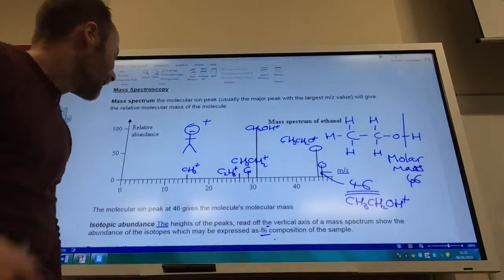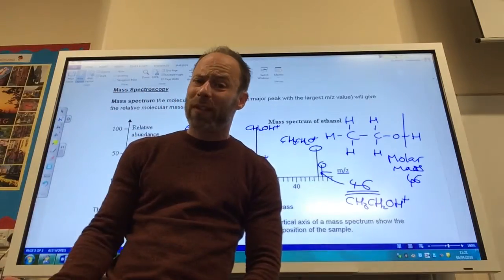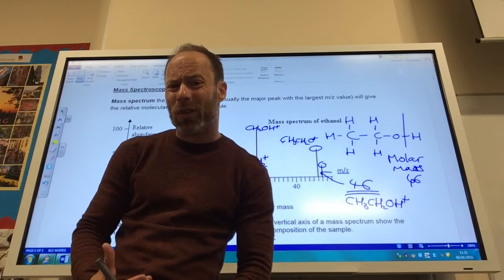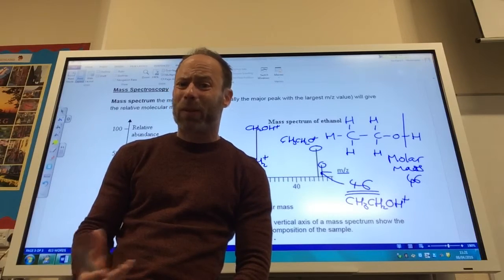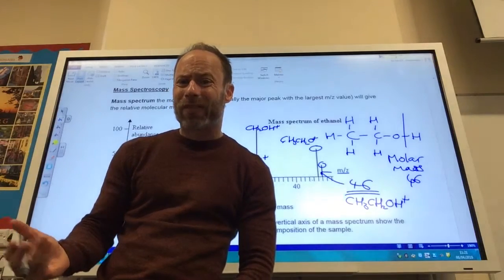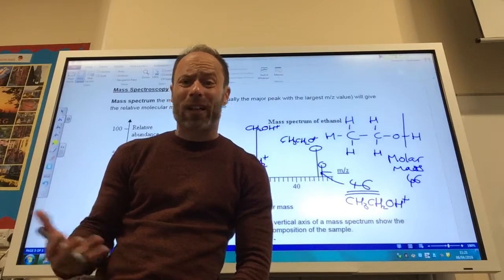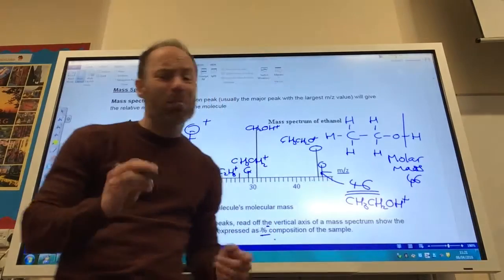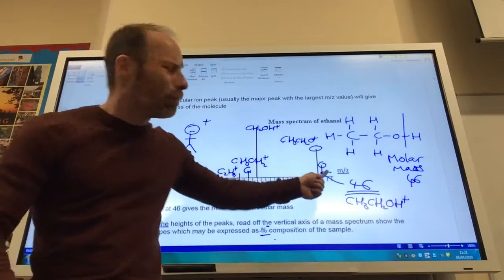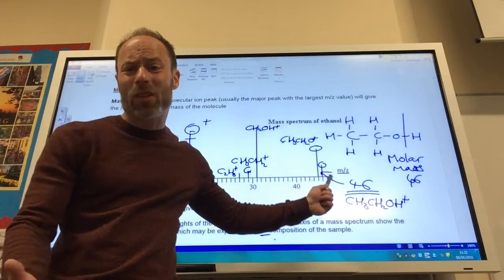Now, the main thing when you tackle one of these exams is don't try to identify all of them, because if it's a complex organic molecule, you'd be there all day identifying fragments. Normally you only have to identify a couple. The main one is the molecular ion peak. You've got to get that, because that's giving you your molar mass.